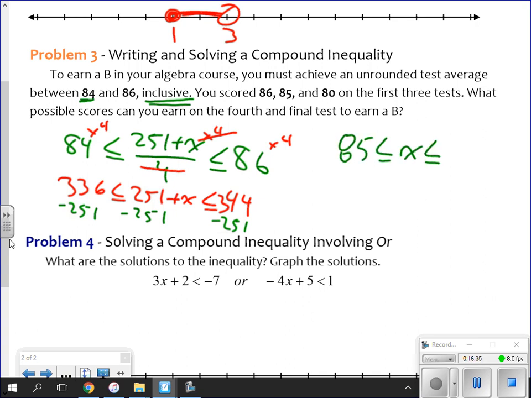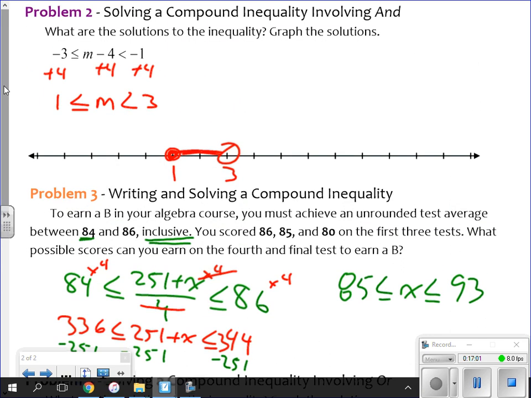And then 344 minus 251, I think that's 93. So if you want a B on the next test, you need to get somewhere between 85 and 93. Well, in this particular situation. Questions?